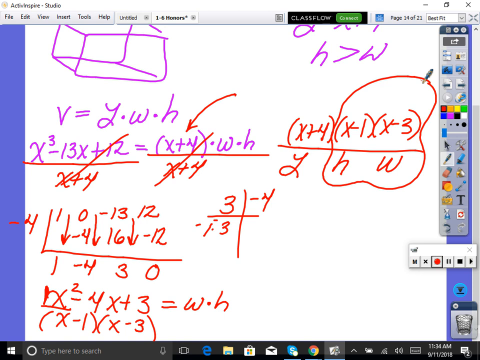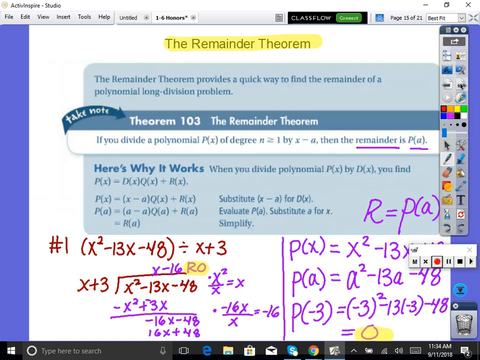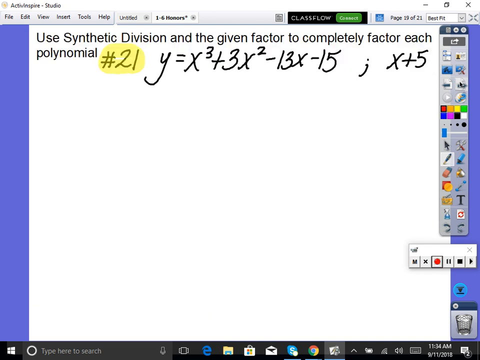So if I said to you from the beginning, this is on the homework, use synthetic division and the given factor to completely factor the polynomial. So it's exactly what we just did, right? We were just told in the instructions that we're given a factor.